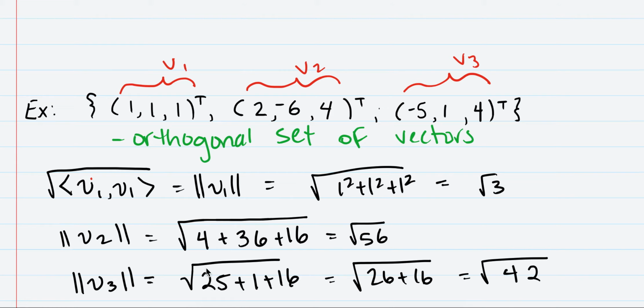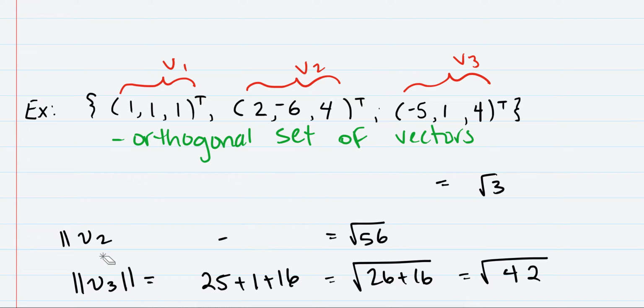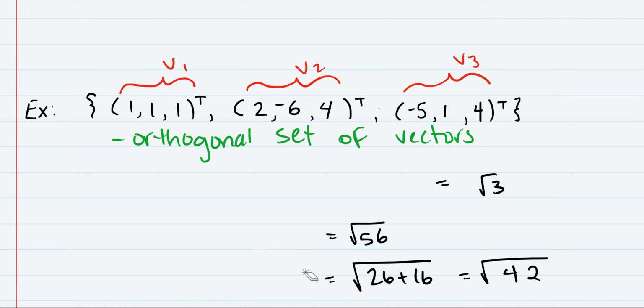So now I know the lengths of all these vectors, so I'm just going to divide by the length, and then I'll get an orthonormal set of vectors. So let me erase this. I'm going to leave these numbers right here. I did them in order, so it shouldn't be hard to figure out who they belong to.